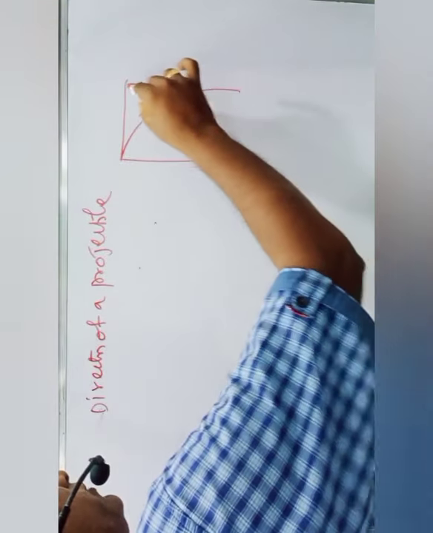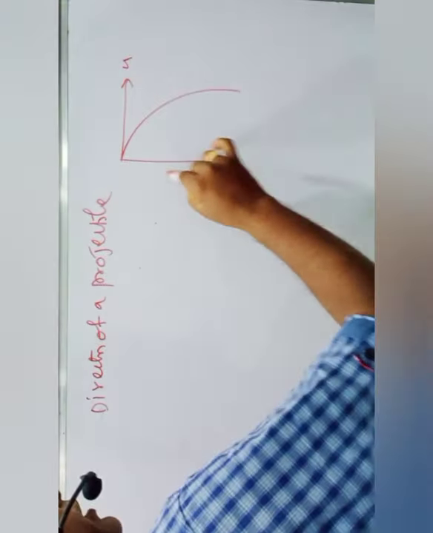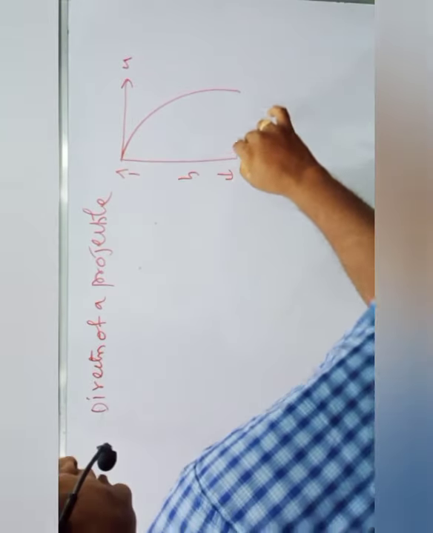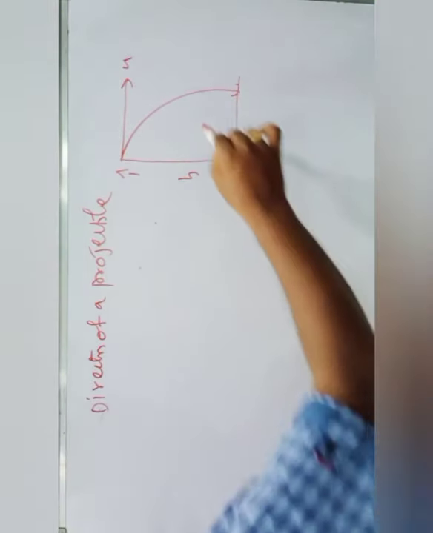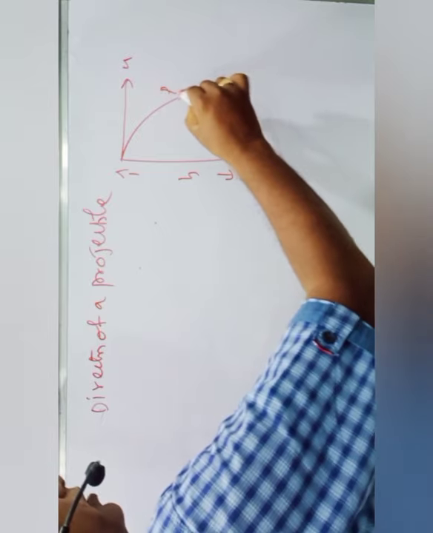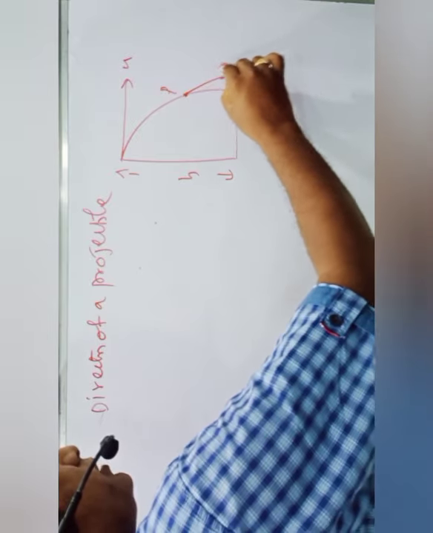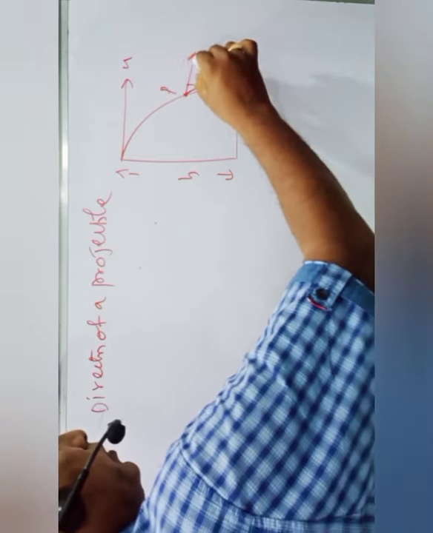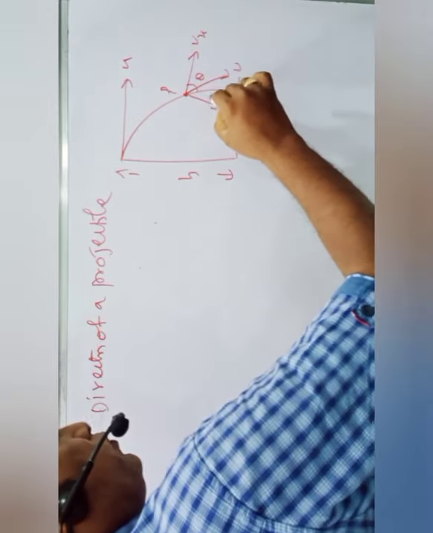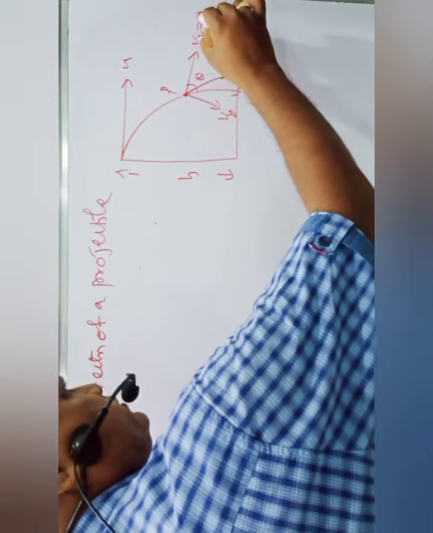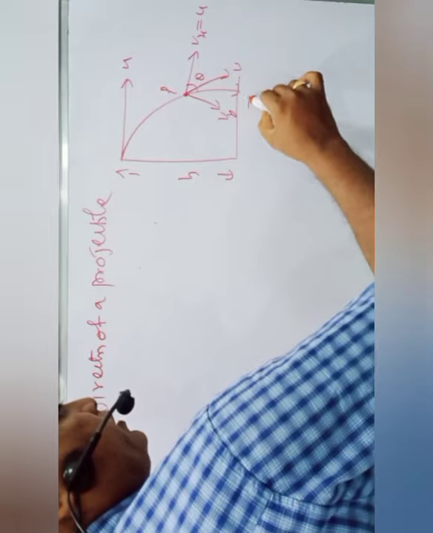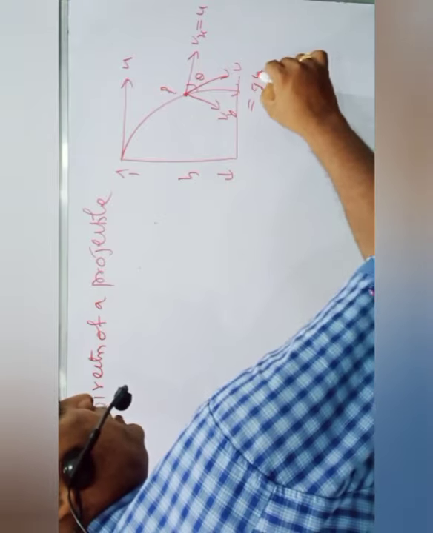A projectile is projected from a height h, then finally reaches the ground. At this point P, the final velocity we resolve into two components, Vx and Vy. Therefore Vx is equal to u, Vy is equal to gt.